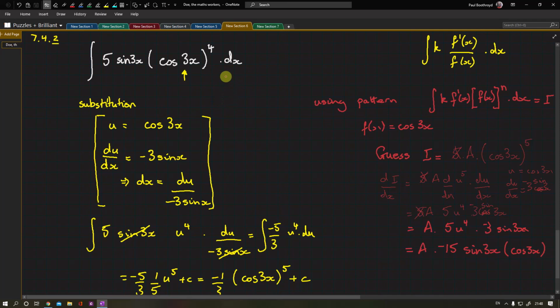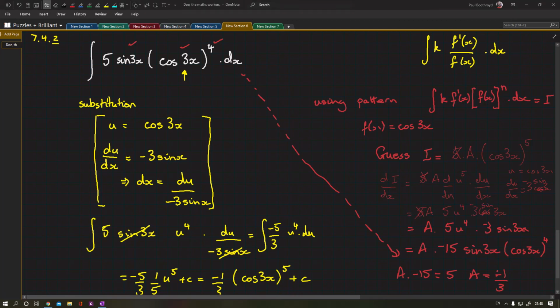So now what we do is we compare to the operation up there, and we have the sine 3x, we've got the cos 3x to the 4, which came from here, so that bit's found, that bit's found, that bit's found. And what we've got is a times minus 15 must equal 5, so a equals minus 1 over 3.